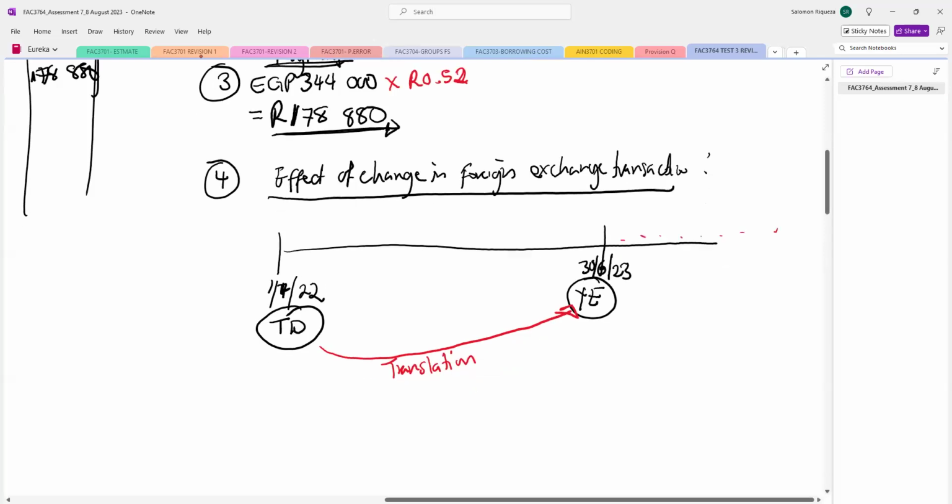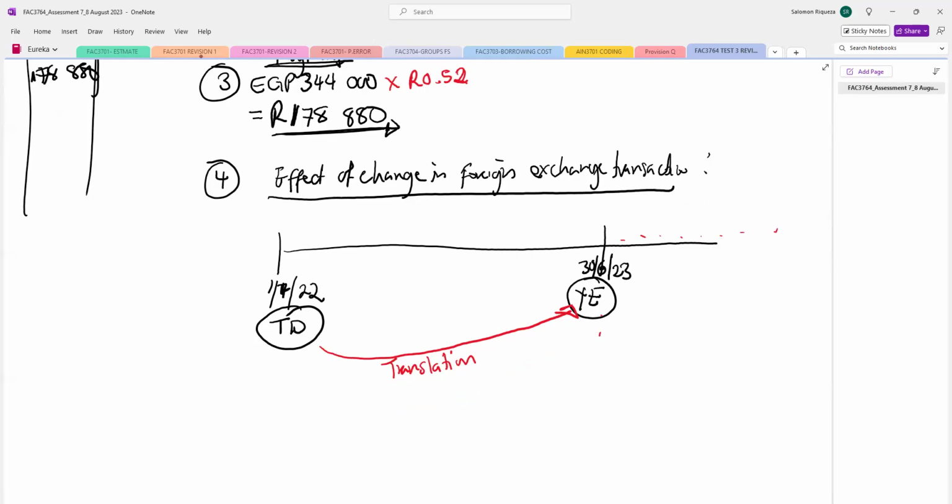All right, so when I get to year end or when I get to payment date, which has not happened, of course, only that small portion, when I get to year end, I need to now translate to know how the foreign exchange rates are affecting the value of this debenture.